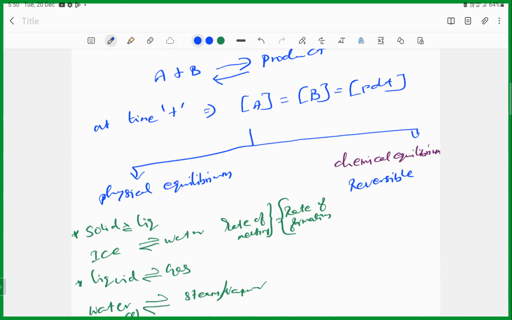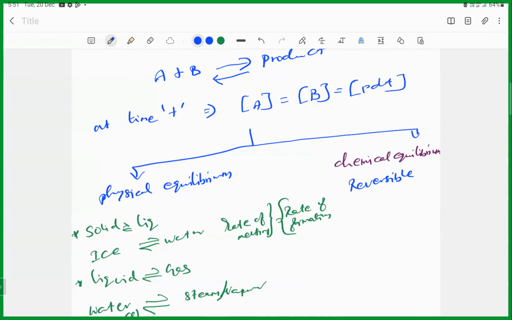Chemical equilibrium is a reversible reaction which takes place forward as well as backward at the same speed. That means A gives product, and the product also gives A, at the same rate. You cannot identify whether the reaction has undergone or not. After some time it reaches equilibrium, and the concentration of the reactant and the concentration of the product become equal. When you get the mixture, then you can tell that it is involved in equilibrium.